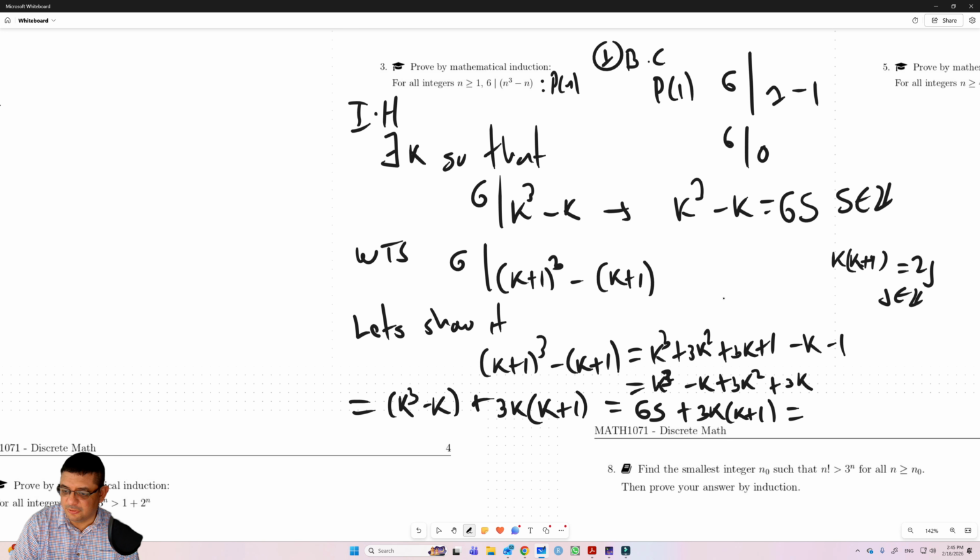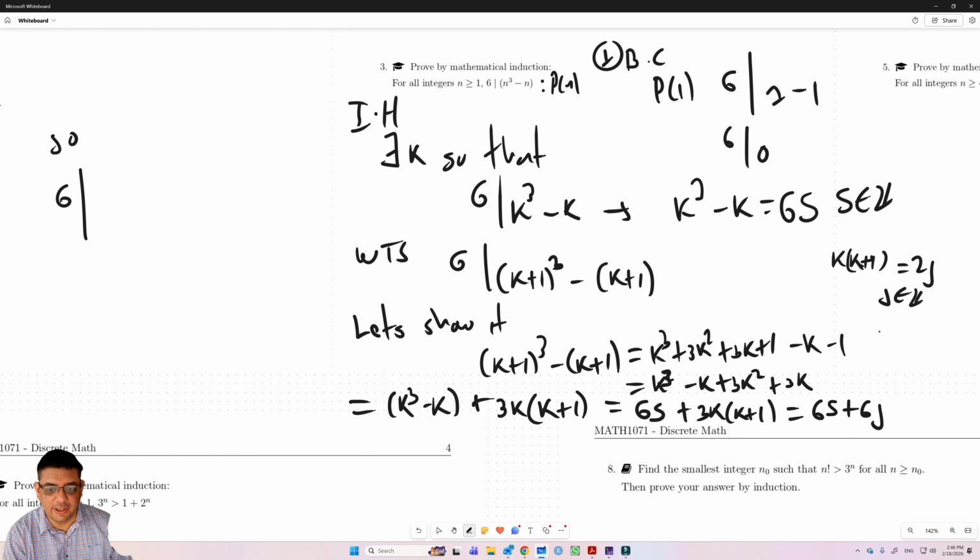And so this essentially is going to be 6 times x plus 6 times some j. And so that shows that this is divisible by 6. So 6 divides k plus 1 cubed minus k plus 1.